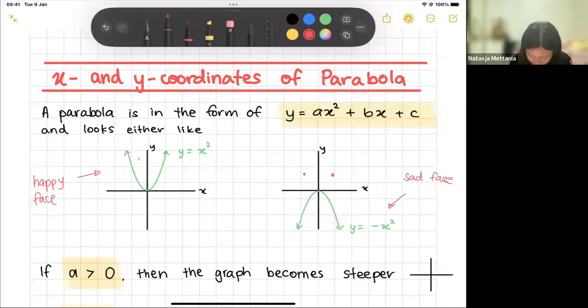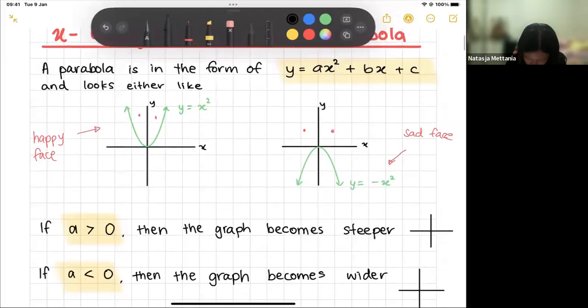It is determined by the negative at the front here. If it's a negative, it's a sad face. If it is a positive, it's a happy face, basically. So let's get started.